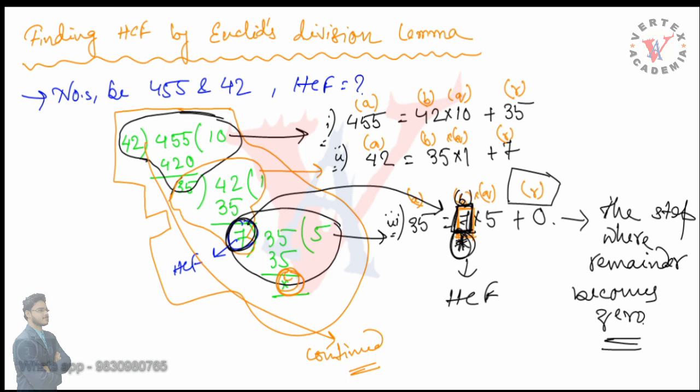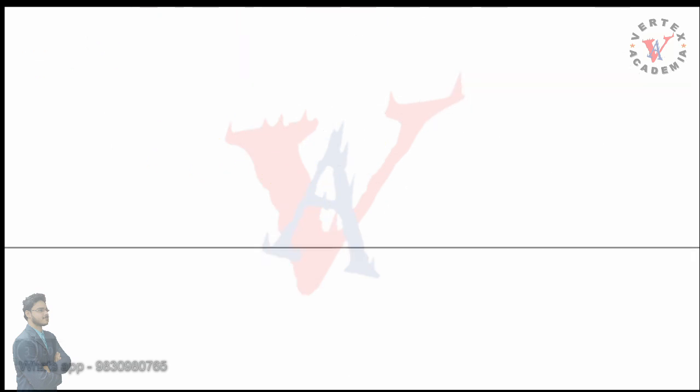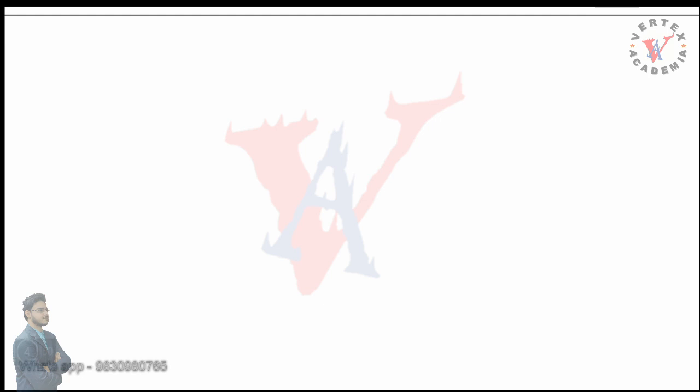So let us do an example, and this will be clear again. The question is, we have to find HCF of 72 and 180. HCF of 72 and 180 is what?